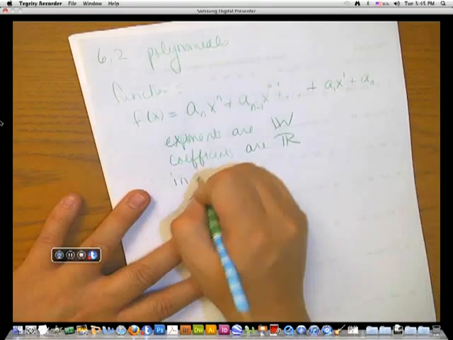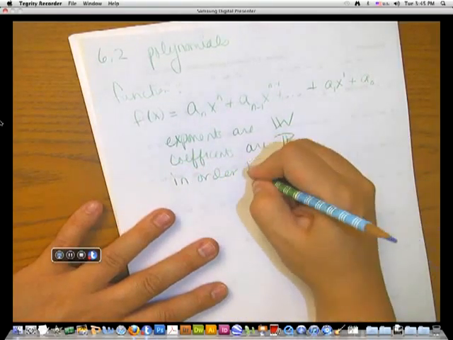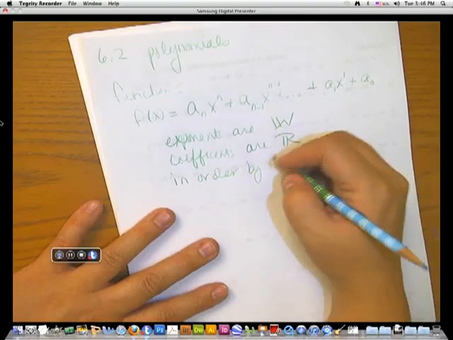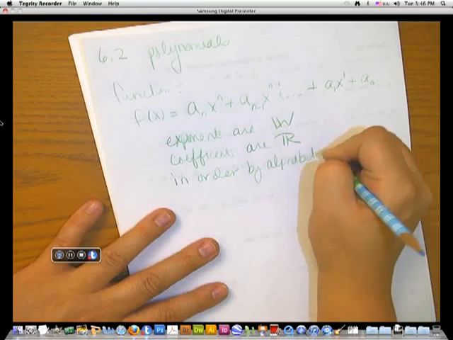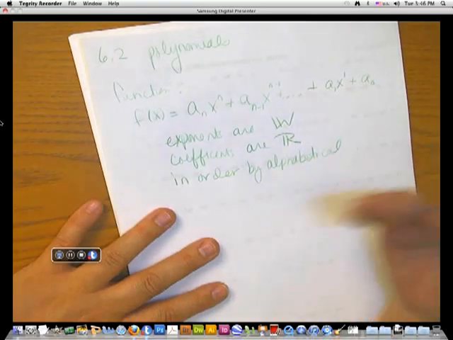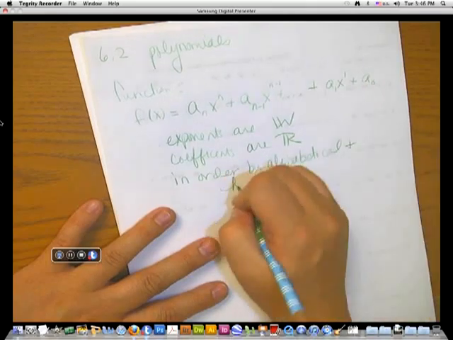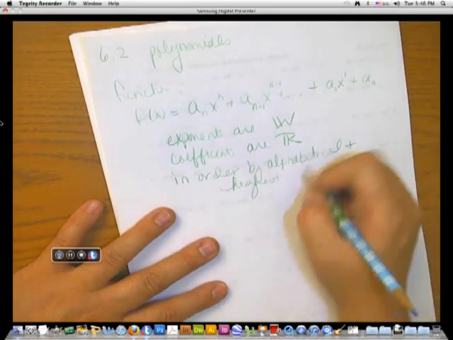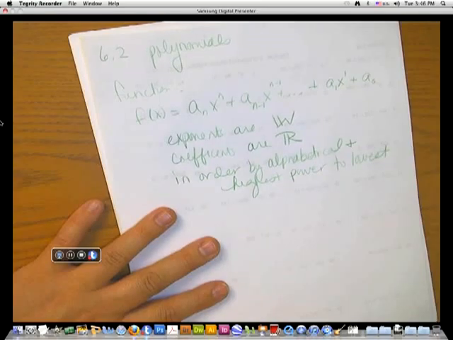A polynomial is in order alphabetical. So if there's more than one letter, we go by whichever letter comes first. And highest power to lowest power. Highest exponent to lowest. Highest degree to lowest.